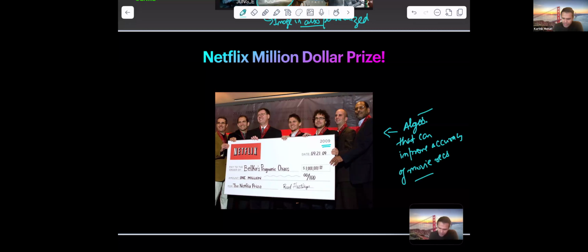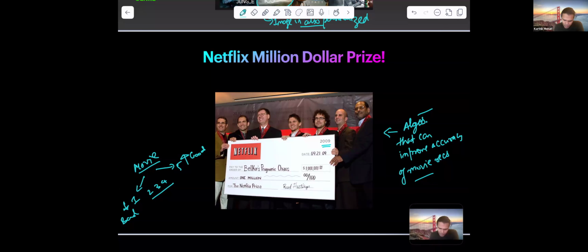In the initial Netflix $1 million prize, every movie was rated from 1 through 5, where 5 is really good, 1 is really bad, and 2, 3, 4 is something in between. So every movie gets rated, but you don't get to see all the movies and all the ratings. The goal is to see if you can predict the missing ratings, assuming you have some information on certain movies and certain users.